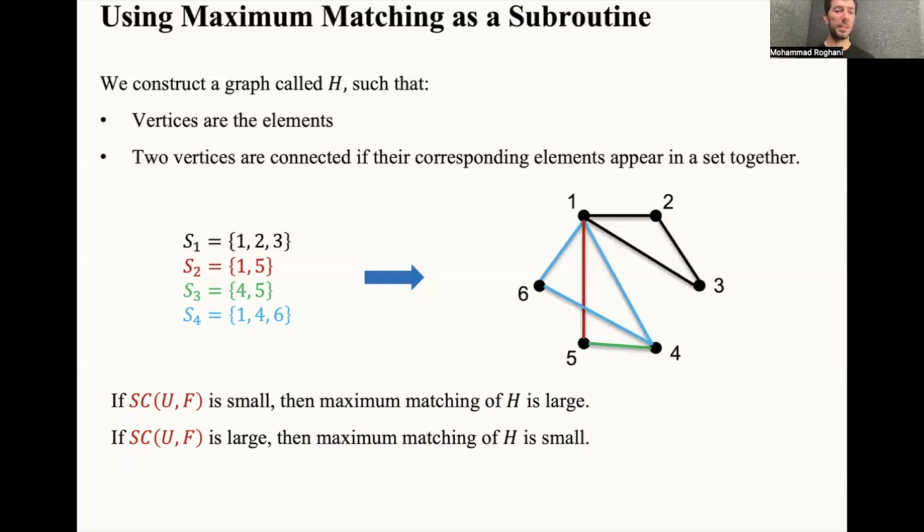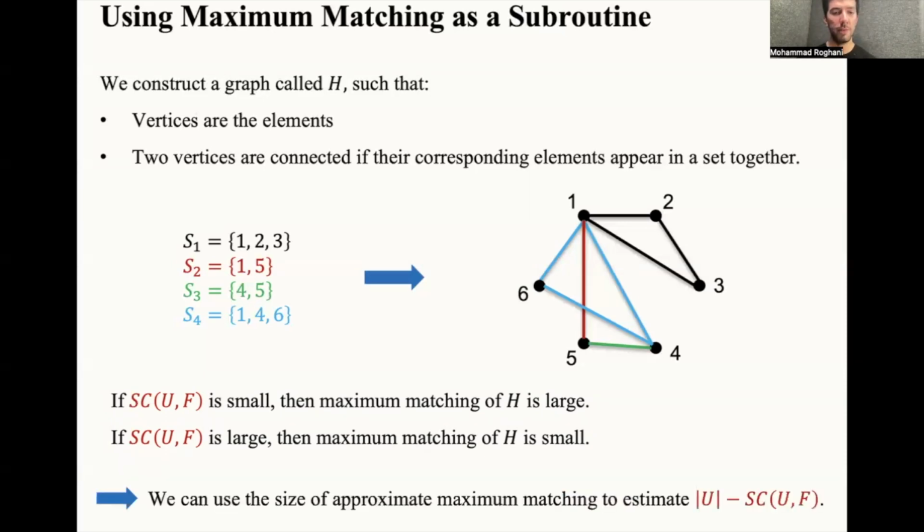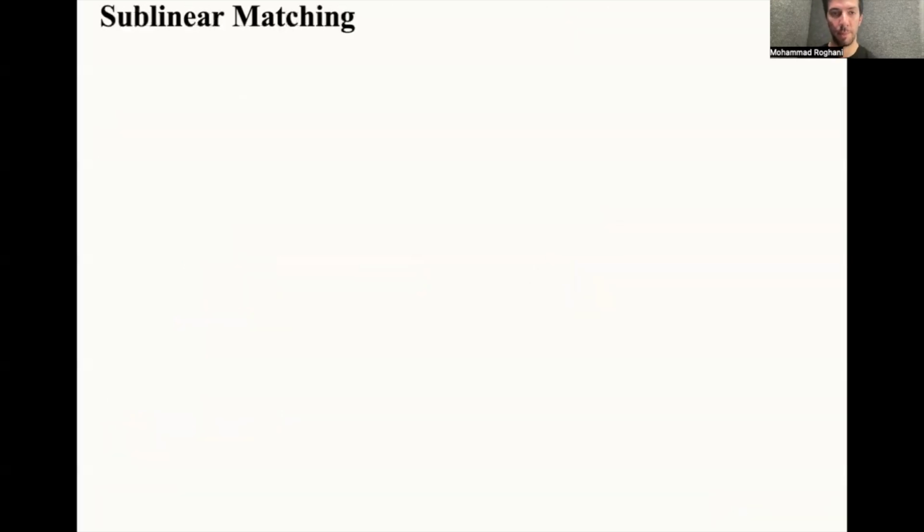So if the set cover solution is large, the maximum matching is going to be very small. Therefore, we can use the size of the approximate matching to estimate the size of the threshold set cover problem. And we have a rich toolkit for approximate maximum matching in the sublinear setting that we can use to solve this problem.